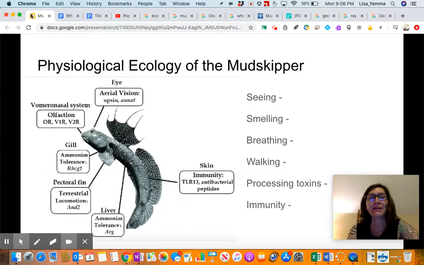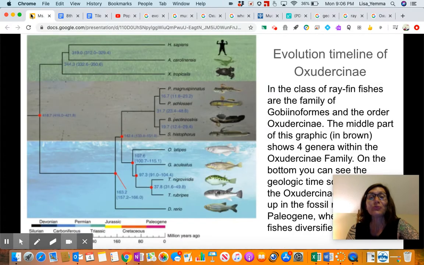But let me look at the poster or the picture I found. I found this really cool evolution timeline of the group. So in the class of ray-finned fishes are the families of Gobiiformes and the order Oxudercinae. This middle part is the Oxudercinae.